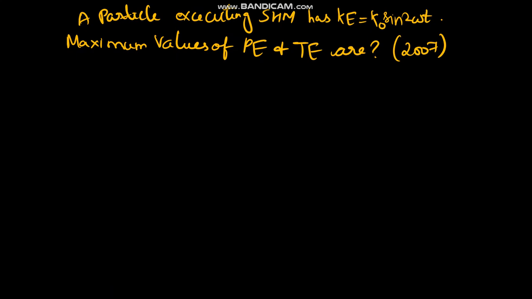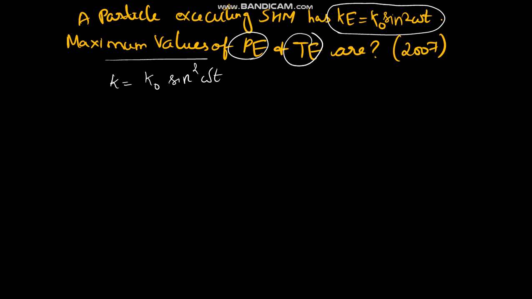Now let us see the next numerical. A particle is executing SHM with kinetic energy K naught sine square omega t. They are asking the maximum values of kinetic energy and potential energy. Total energy, we know, is equal to kinetic energy plus potential energy. The minimum value of sine is 0, and the maximum value is 1.